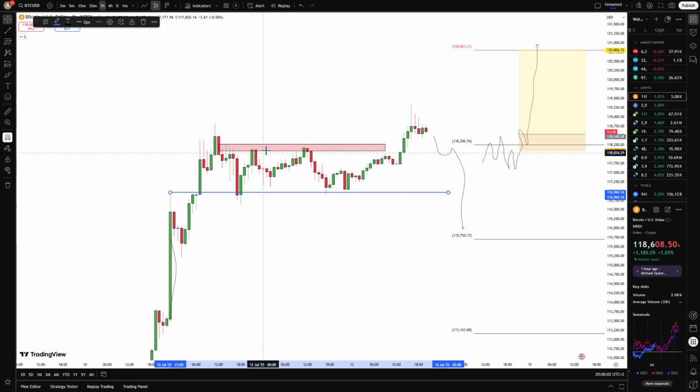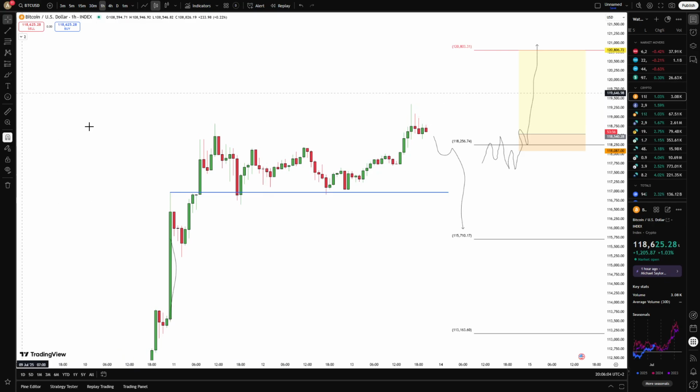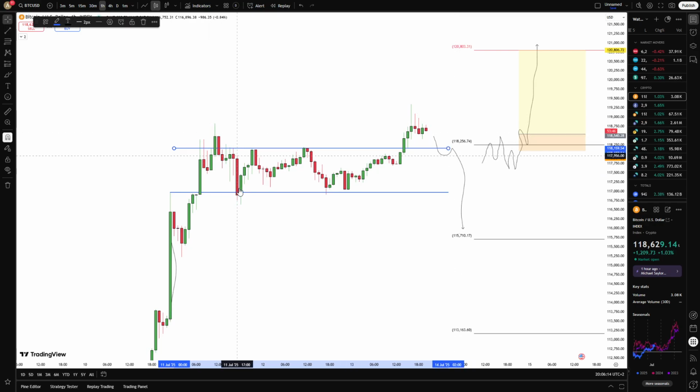Now let's remove this one for now. What do we have at the upside? We have these ones right here. So here we had a deviation at the upside, deviation at the downside, but still overall this was your prior range. So the level that we really should be respecting is right around here.